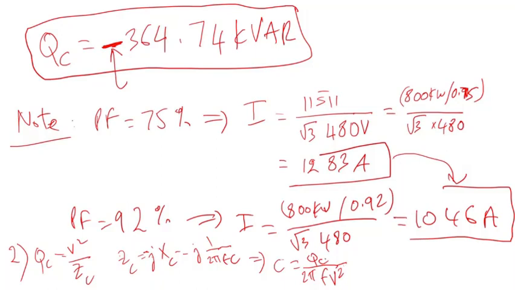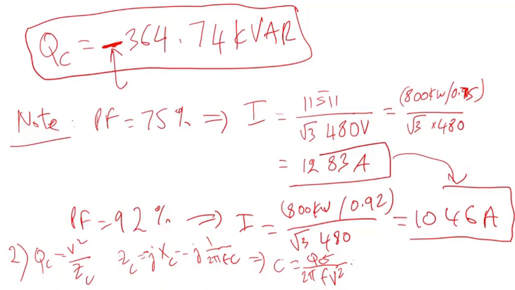Obviously, if the reactive power of the capacitor is three-phase, then the voltage will be line-to-line. If it's single-phase, then the voltage will be line-to-neutral, or per phase voltage. So you have to keep that in mind.